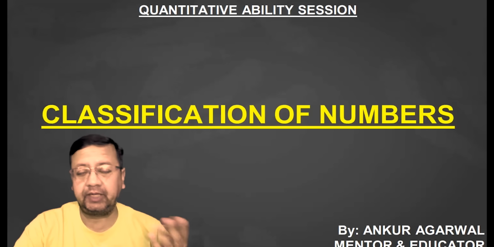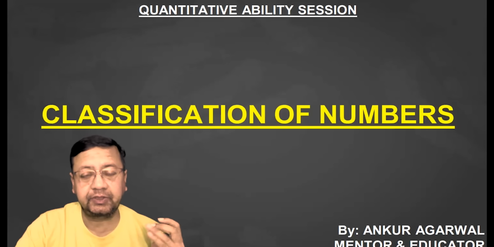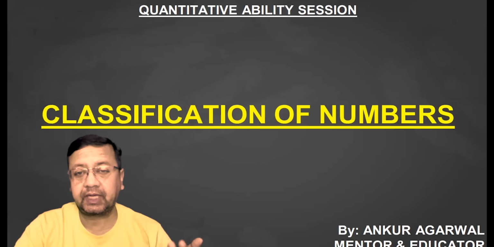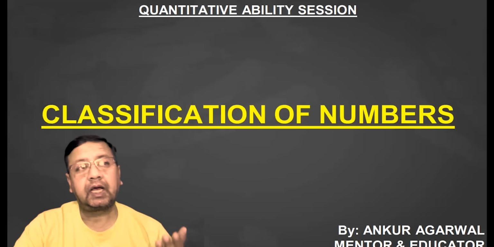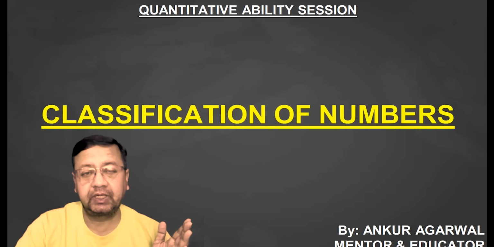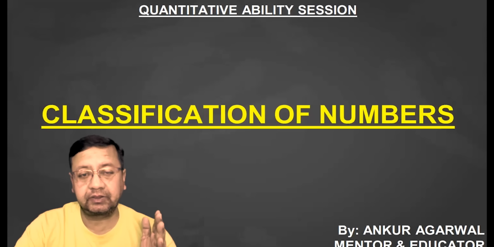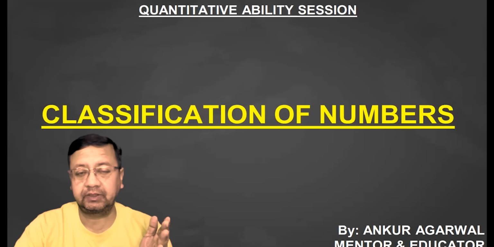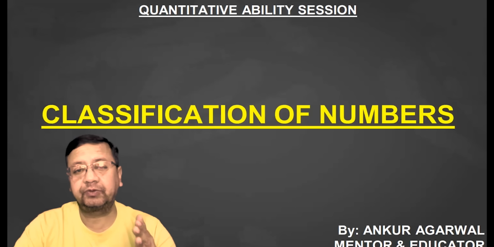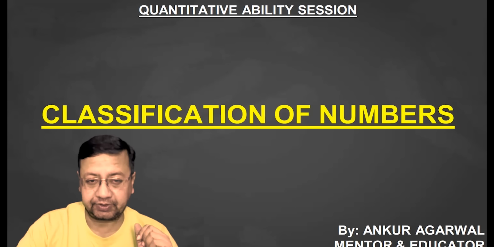So many times you will find questions based on numbers which have multiple concept applications. In almost all examinations, approximately one third of the questions will be related to numbers out of the total number of questions in the quantitative section.